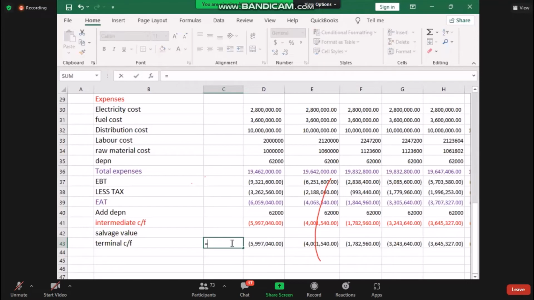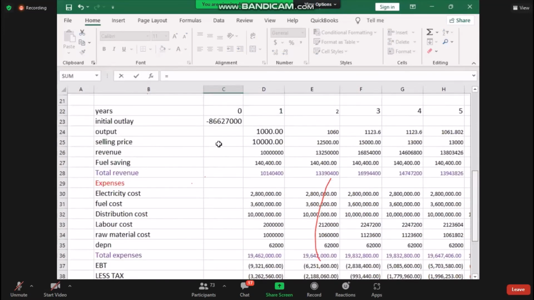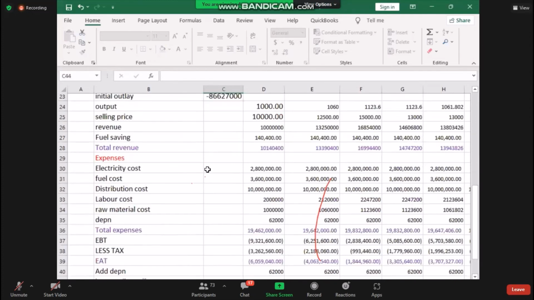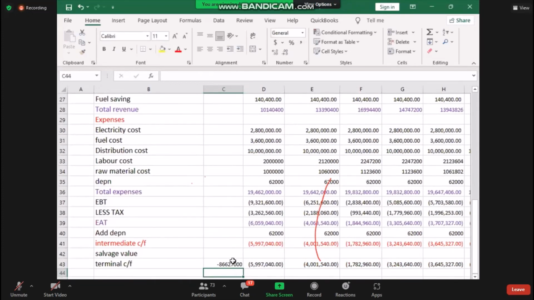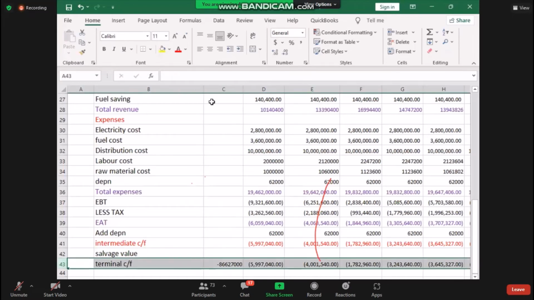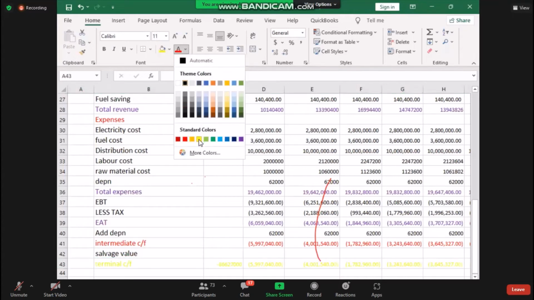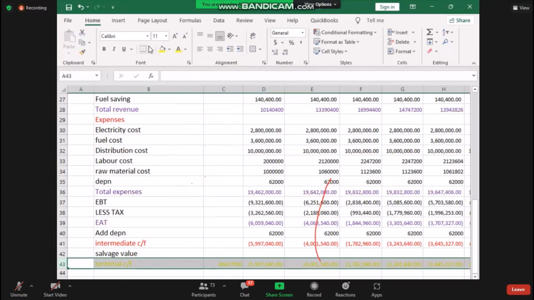So put the equal sign, go back to your first year, just pick that, put it there. In year 0, to be consistent, just pick the value that you have as your initial cash flow and put it here, such that you have complete cash flows. So that is that.